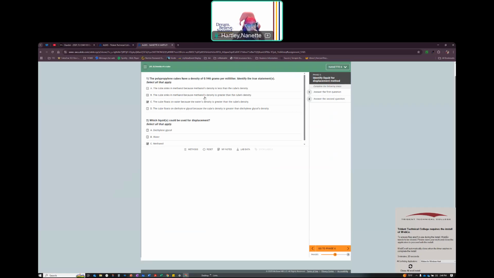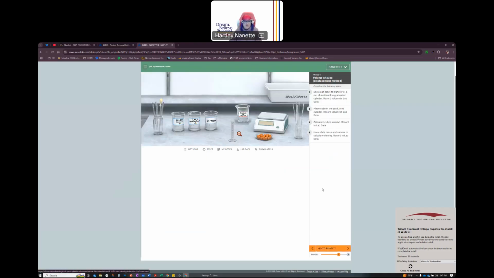Methanol's density greater than the cube's density. Oh, I knew it was one of those two.